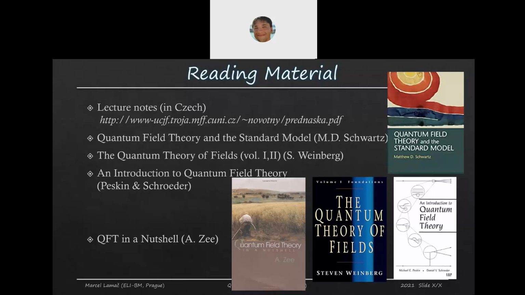The second is Quantum Field Theory and the Standard Model by Matthew Schwartz. I quite enjoyed this textbook because it was in some sense modern, I would say. It had all the necessary information and was complete, but it wasn't unnecessarily overburdening like some of the others.